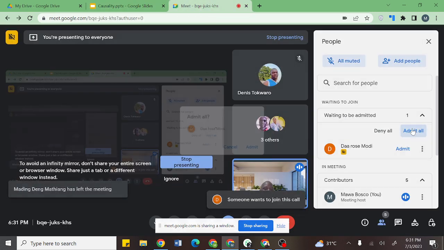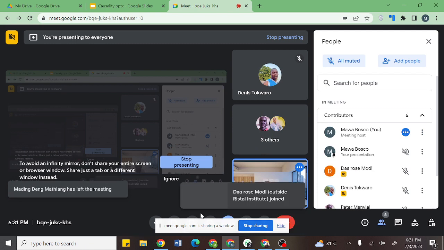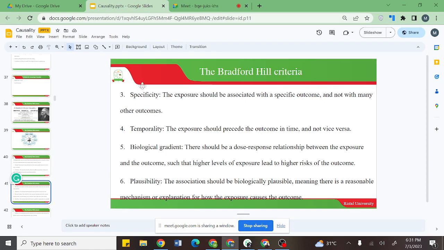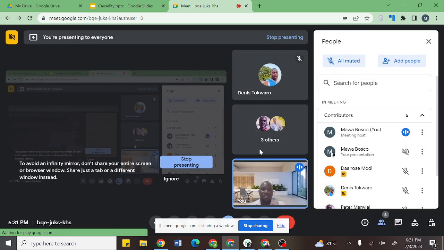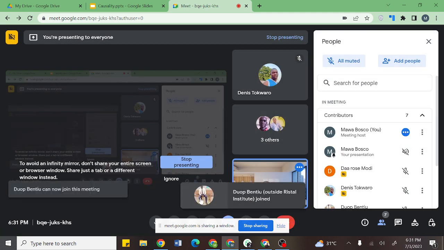So this is to say that if someone is exposed to a larger dose of the exposure, the likelihood of the health outcome will be higher. That is the point we are trying to emphasize there.